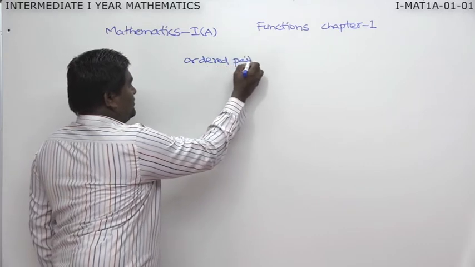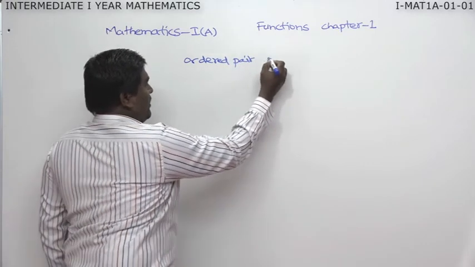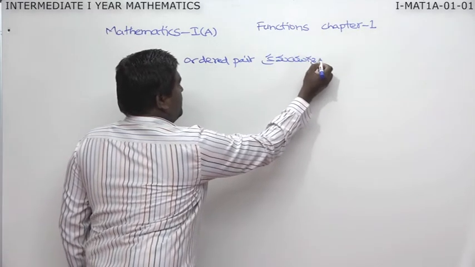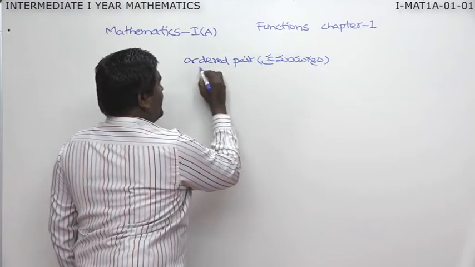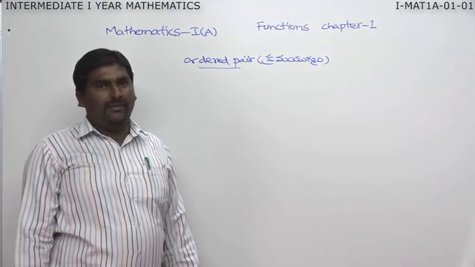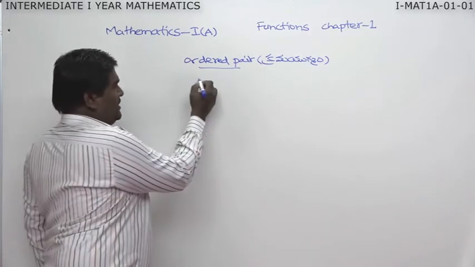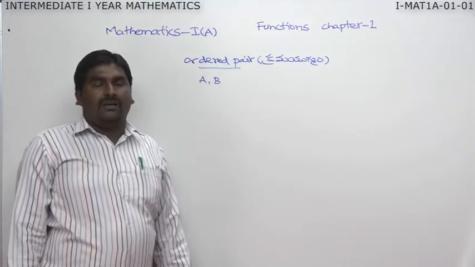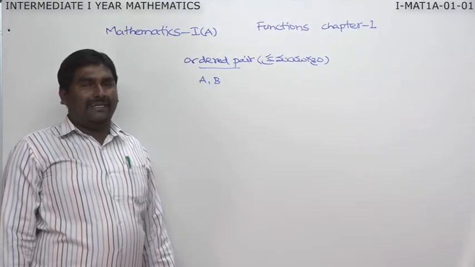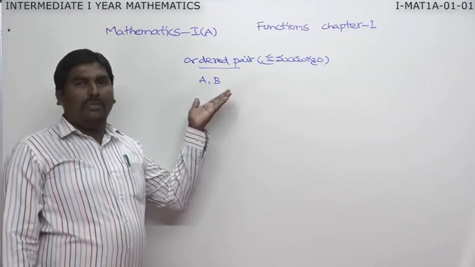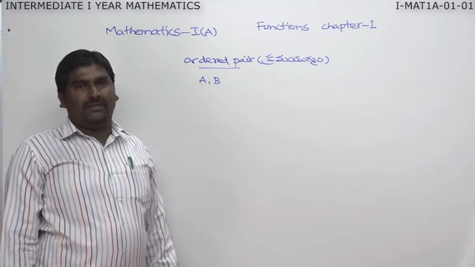Ordered pair. In Telugu, it is Kramayugmam. Now, what is an ordered pair? If A, B are any two sets, so the sets can be represented as capital letters of the alphabet.